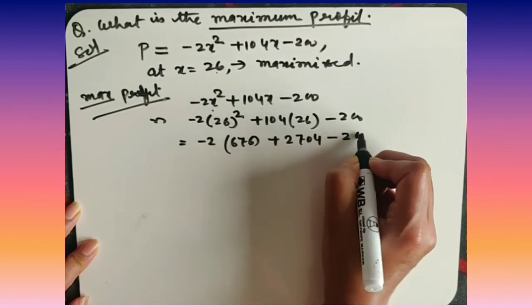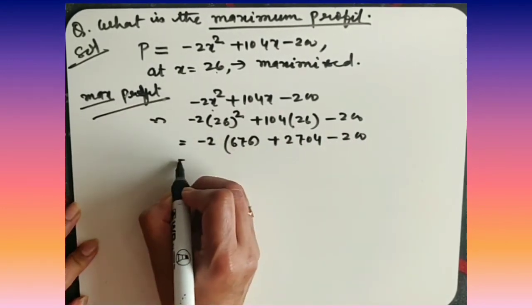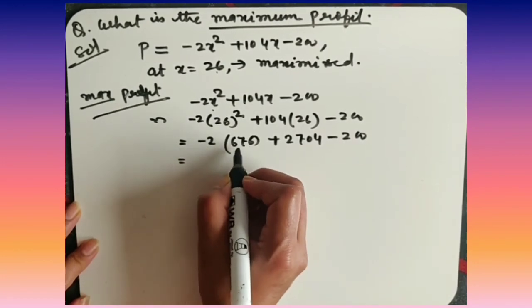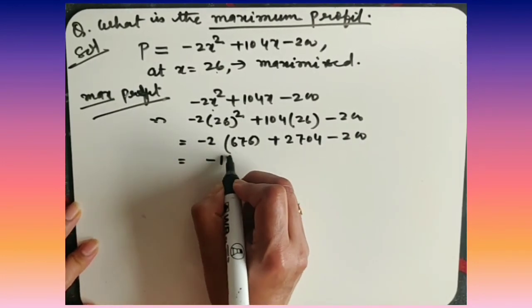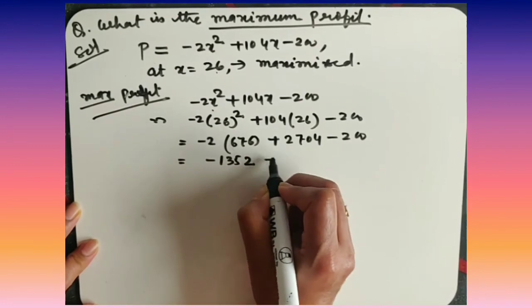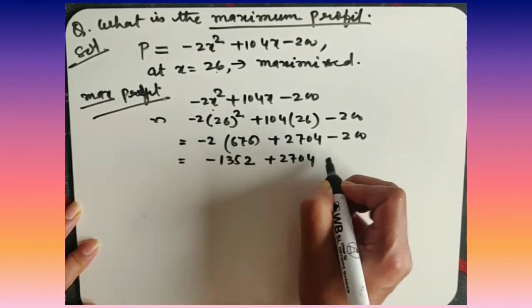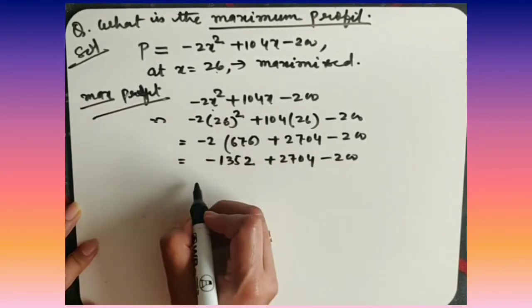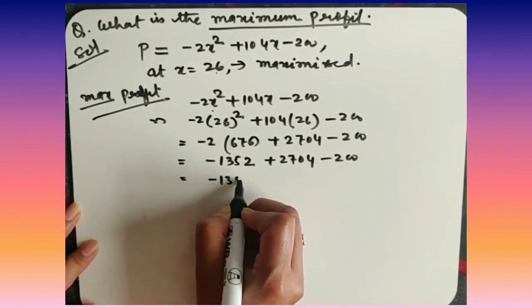Then minus 2 multiplied by 676 will be minus 1352, plus 2704, minus 200.